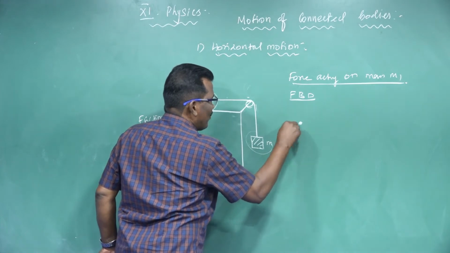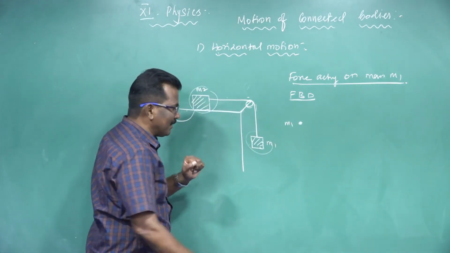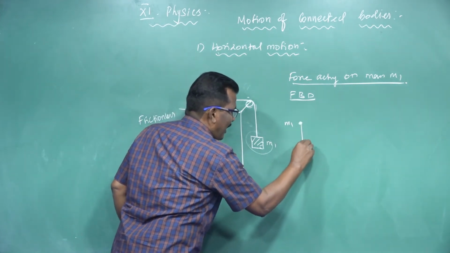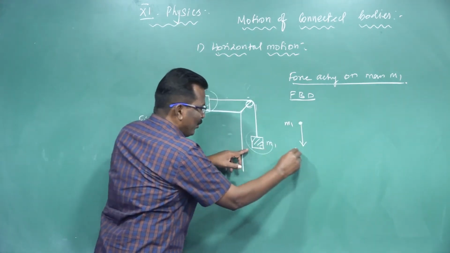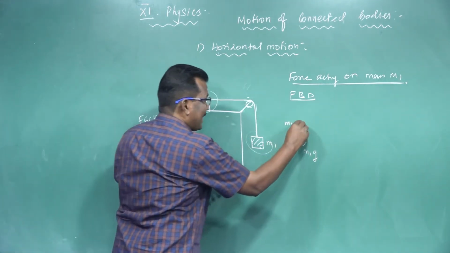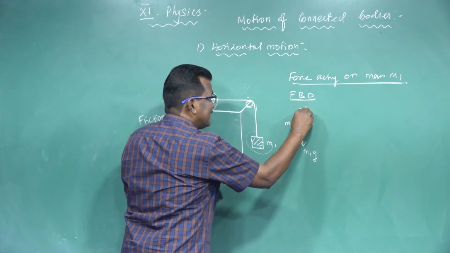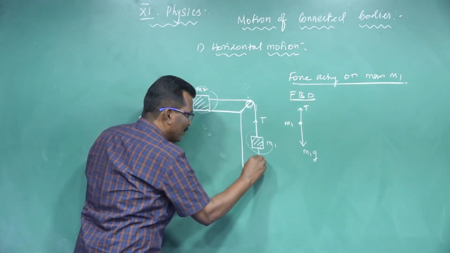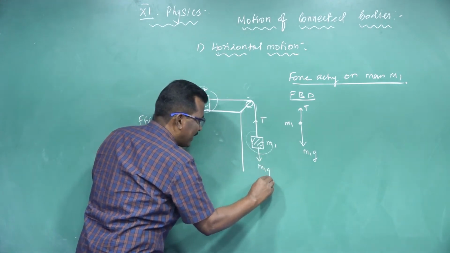So this is m1. How many forces are acting on the body? One force is acting downward due to gravity, m1g. Another force is acting in the upward direction, this is the tension.